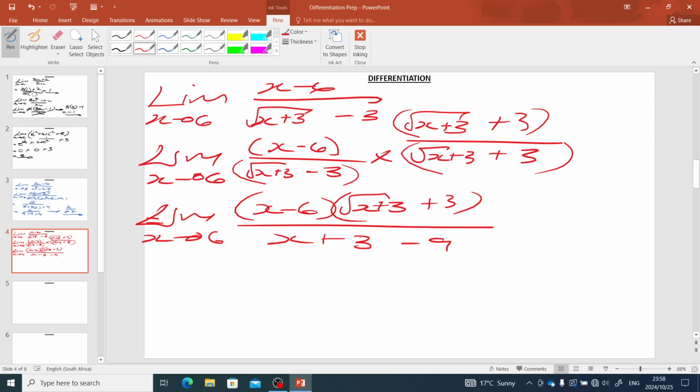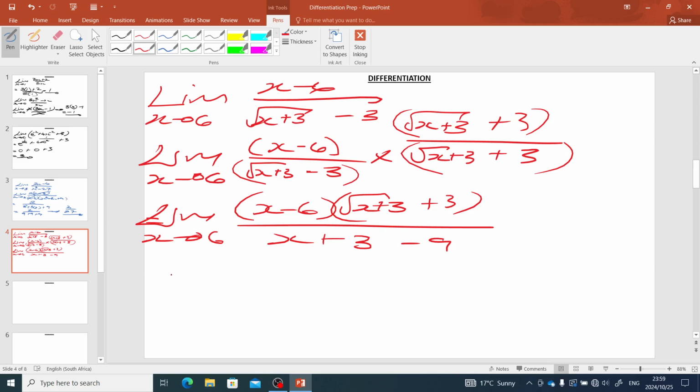The square root of x plus 3 multiplied by the square root of x plus 3 will give you x plus 3. Then the cross terms will cancel out, they will give us 0, and you'll be left with negative 3 multiplied by 3, then you get that. Right, that's what we have there.